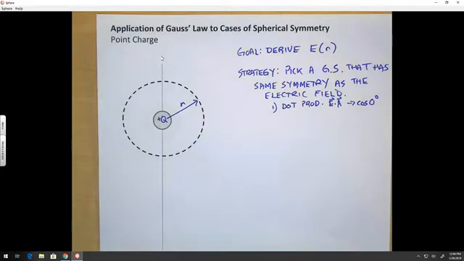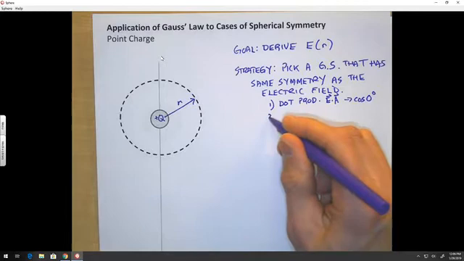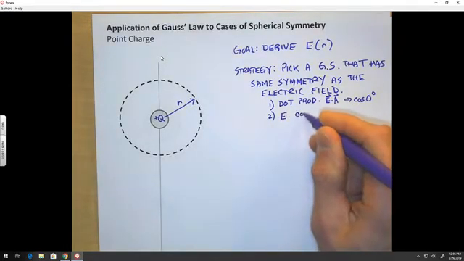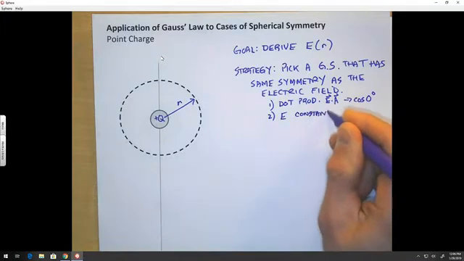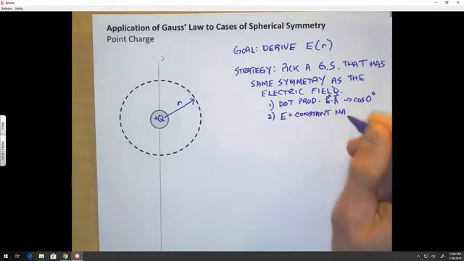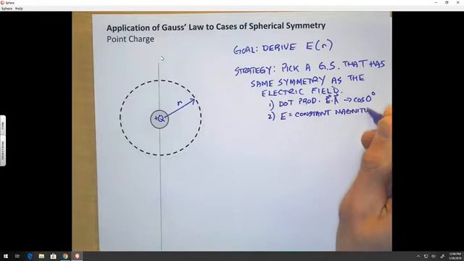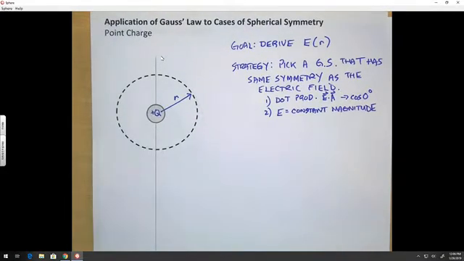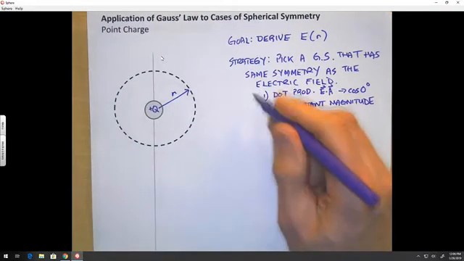So that's one advantage. And the second advantage would be that E would have a constant magnitude, if we can pick a Gaussian surface that matches the symmetry of the field. Okay? So these are advantages here, right? Those are the pros.